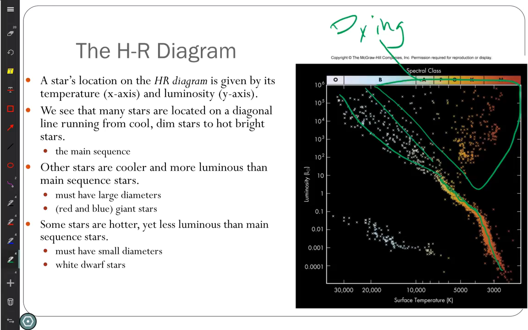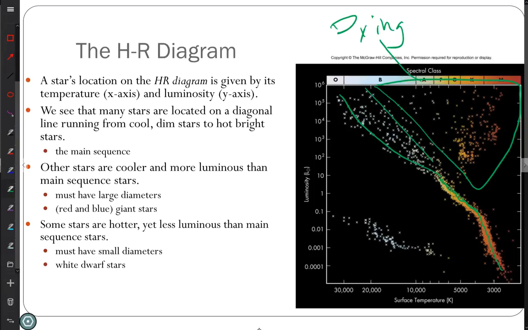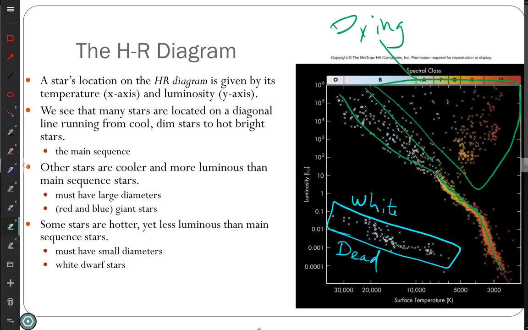D-Y-I-N-G, right? Those are dying stars up there. And what's this down at the bottom? Anybody know what it is down there at the bottom? These are dead. These are no longer stars. Just the opposite. There's no gas.